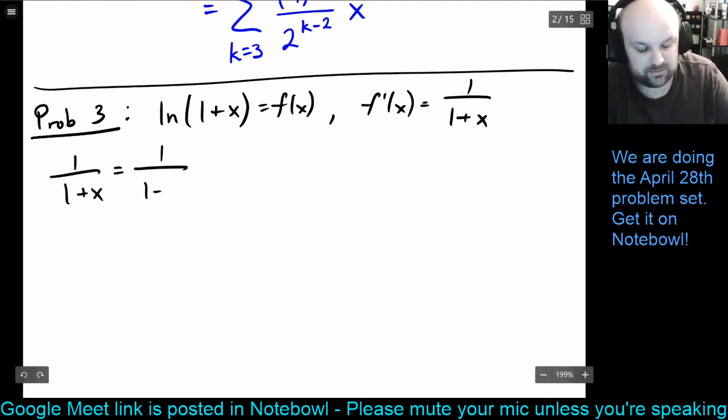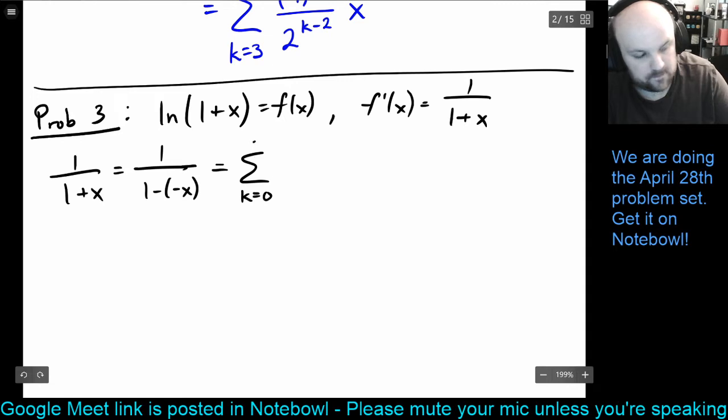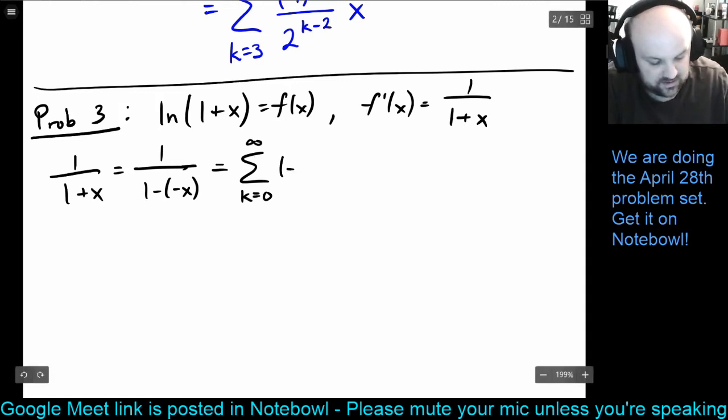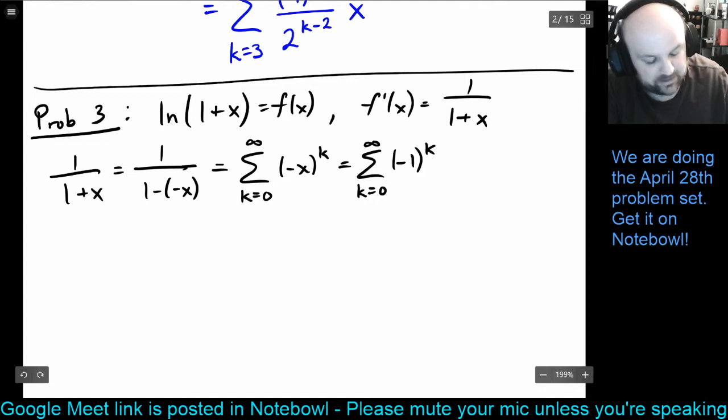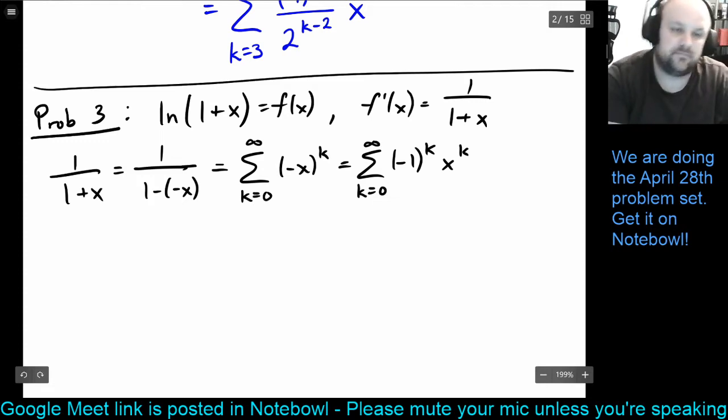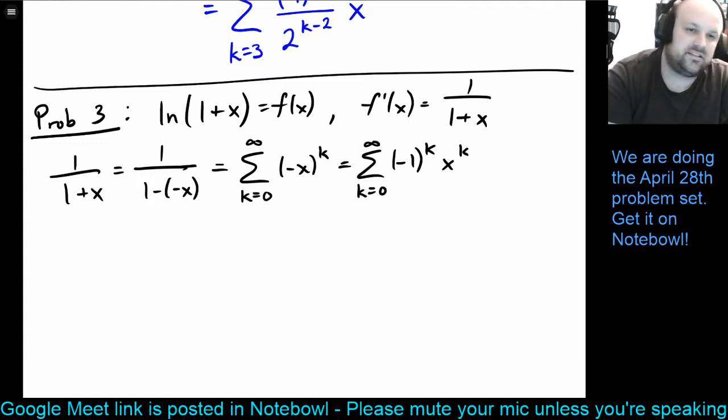We're going to use our geometric series trick here again. Right, so this is just negative x to the k, which is simply, again, it's a good idea to separate out your coefficients from your powers of x. Right, so there's a nice simple power series here.